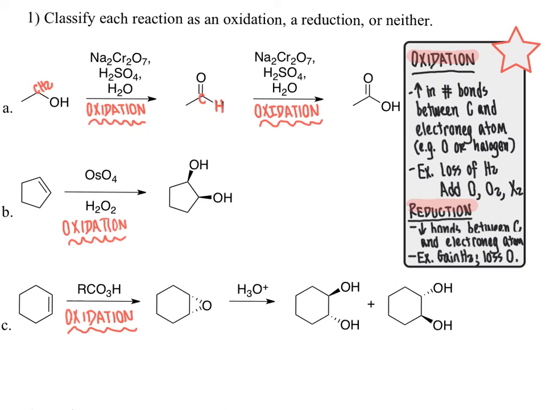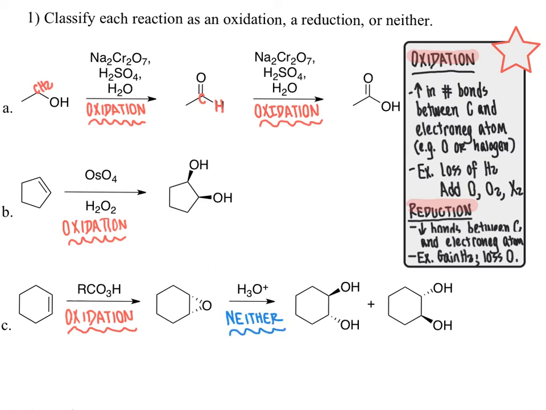Epoxide rings, that 3-membered ring with an oxygen, are very prone to opening up because there's a lot of angle strain in that molecule, due to the bond angles being constricted to 60 degrees when they would really rather be 109.5 since they're sp3 carbons. So that ring opens very easily, but this particular reaction is neither an oxidation nor a reduction because we're not increasing or decreasing the number of bonds between carbon and that electronegative atom. So this one we're going to plug in as neither.